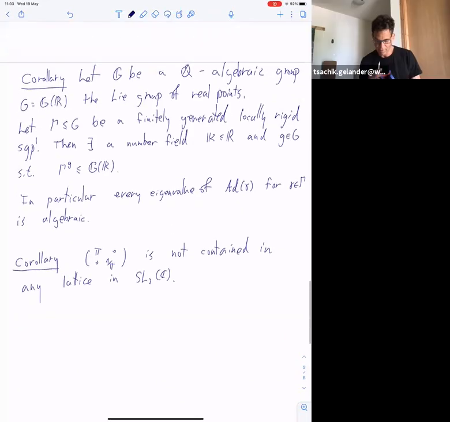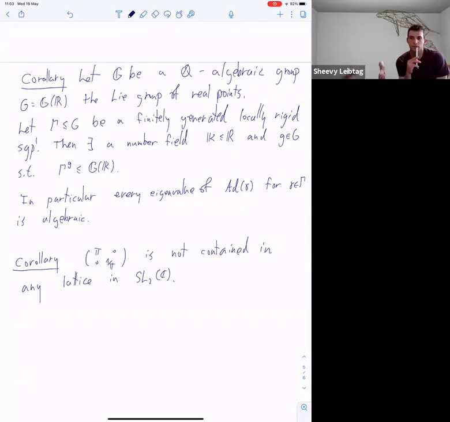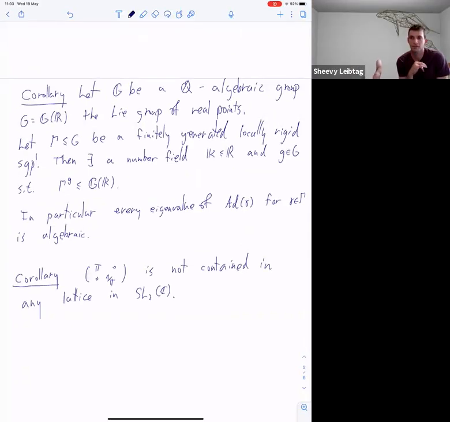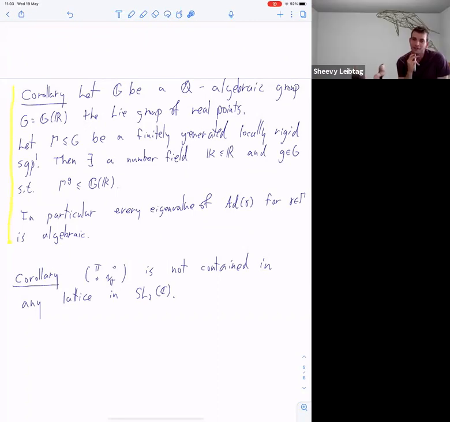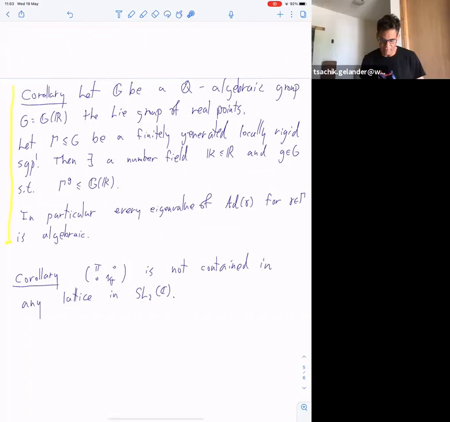Sorry? The Q-algebraic group you are using in order to use the corollary, not SL2. Restriction of scalars. Yeah, here in that corollary, G could be anything, it doesn't even need to be semi-simple, but I assume that gamma is locally rigid, and it's enough to say relatively.